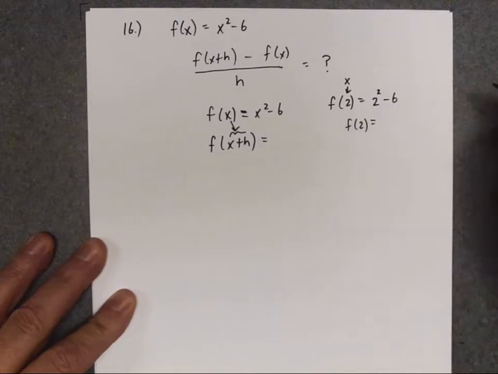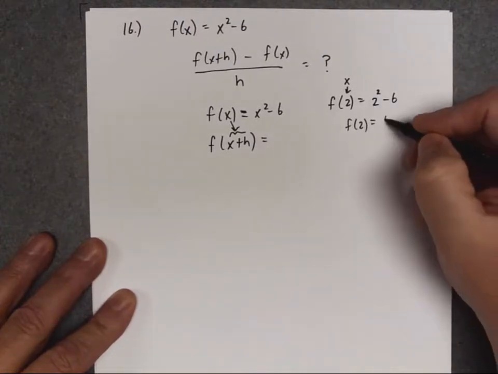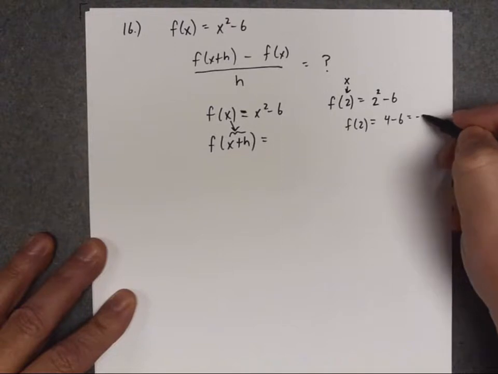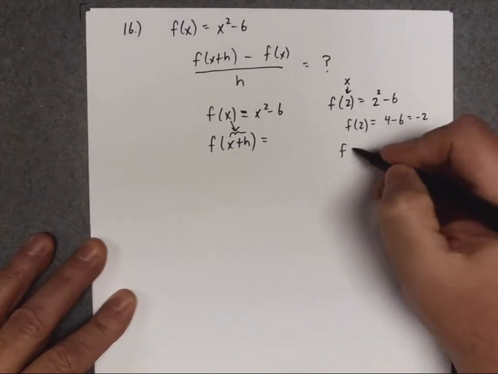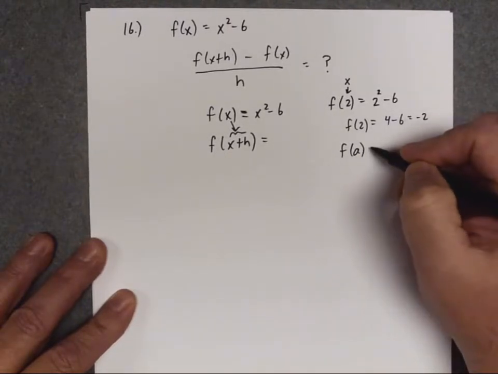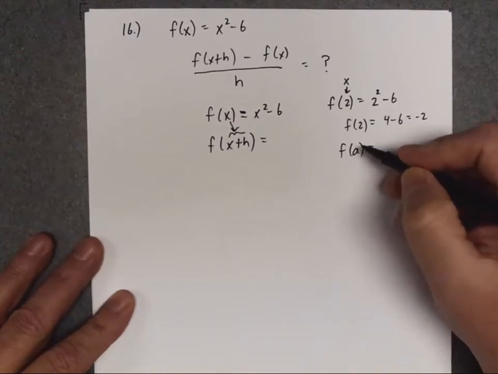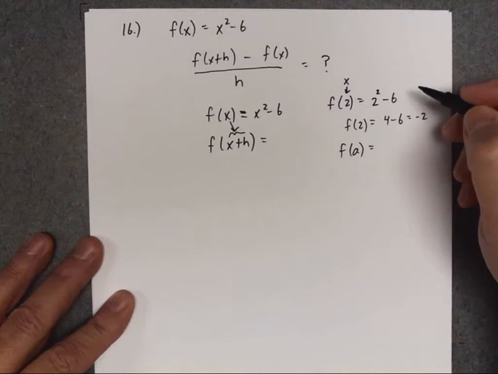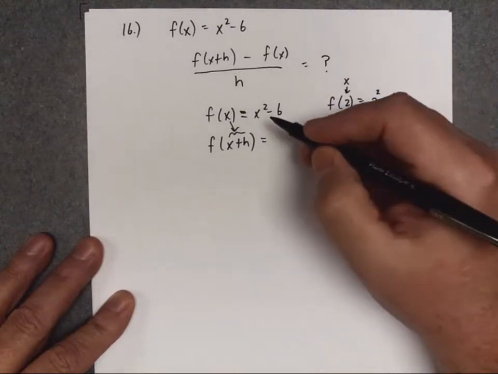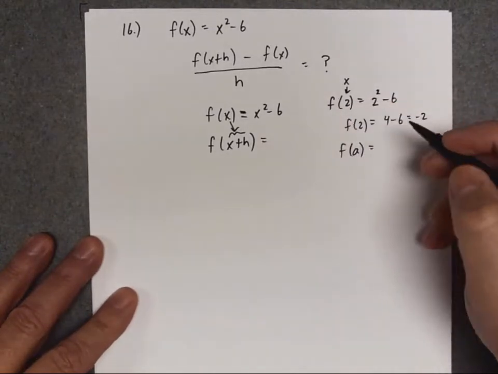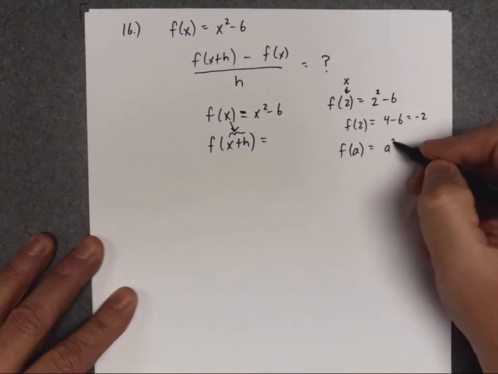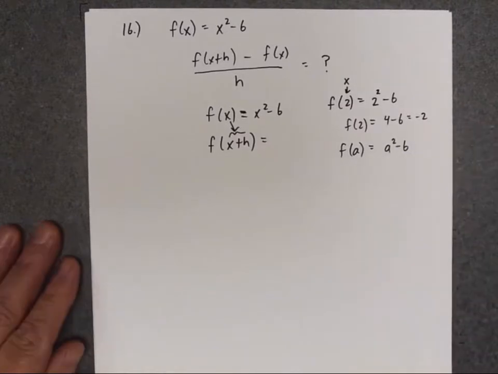And therefore you would say f of 2 equals 4 minus 6 equals minus 2. We could do something like saying, what's f of a? f of a would mean take your f function, every place you have an x, you replace it with a. So it'd simply be a squared minus 6.